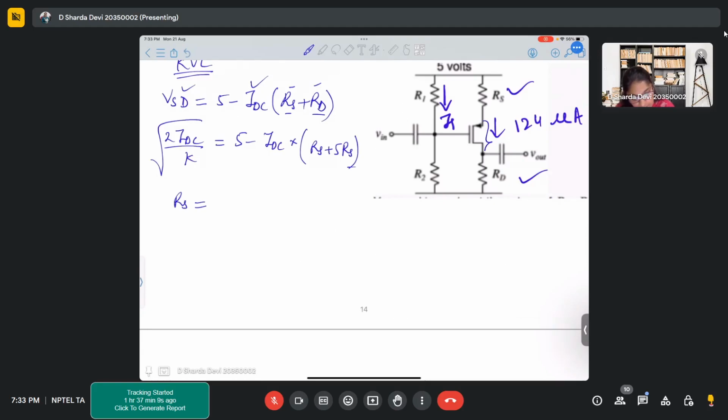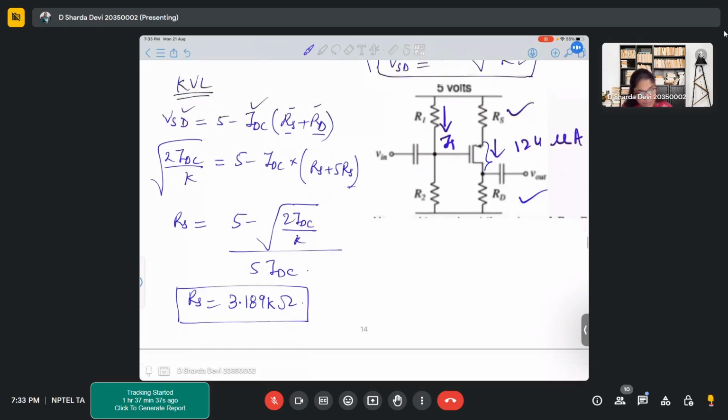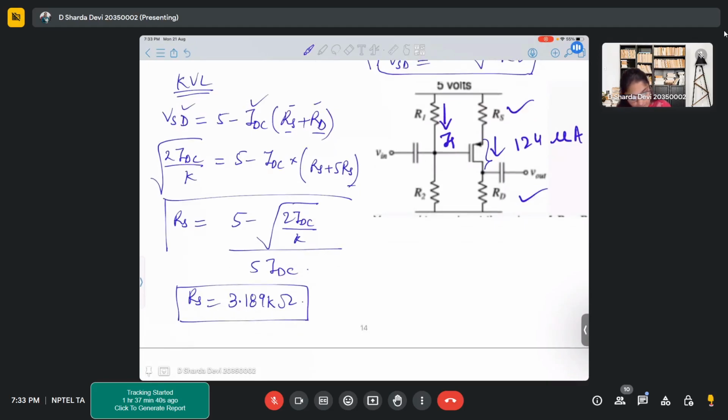RS is 5 minus root under 2 IDC by K, divided by 5 IDC. The value of RS that we get by solving this particular equation is 3.189 kilo ohms.